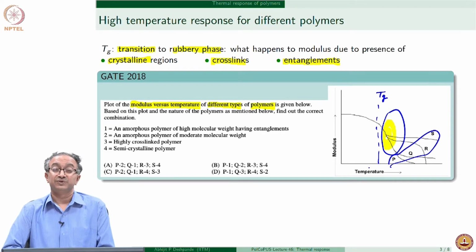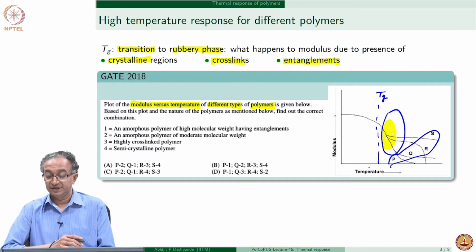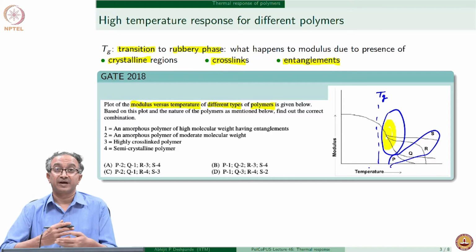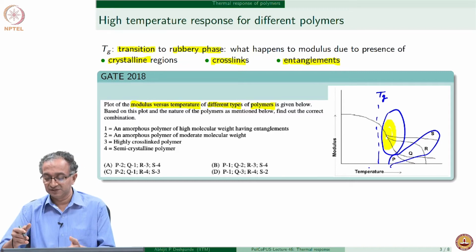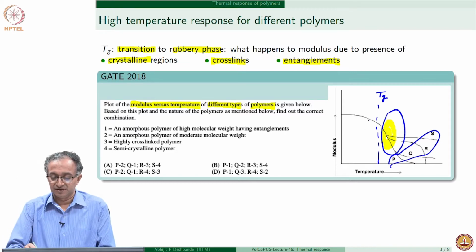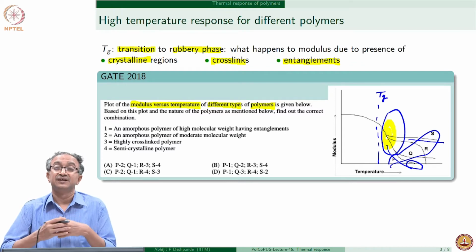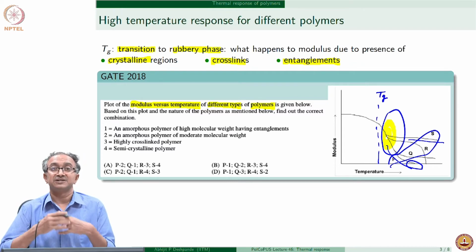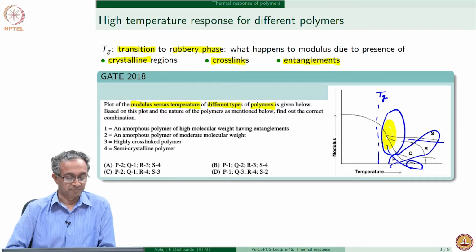So, the question is, can we know something about the microstructure of the polymer, or the type of polymer it is, by looking at whether the modulus is decreasing at glass transition but remaining constant, or suddenly decreasing and falling off to 0? Do each of these changes with respect to temperature tell us what type of polymeric material it is?